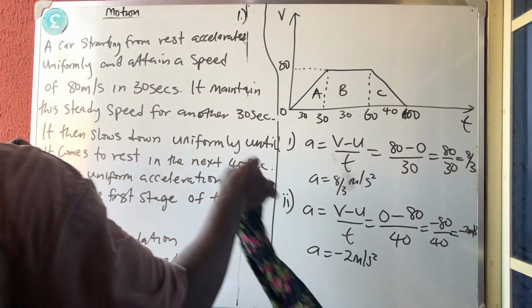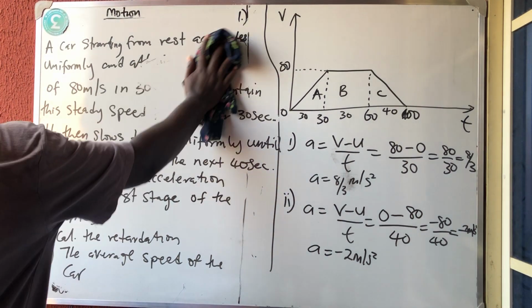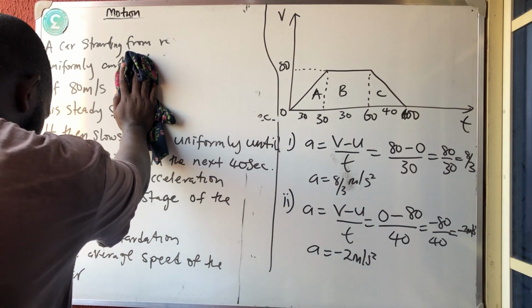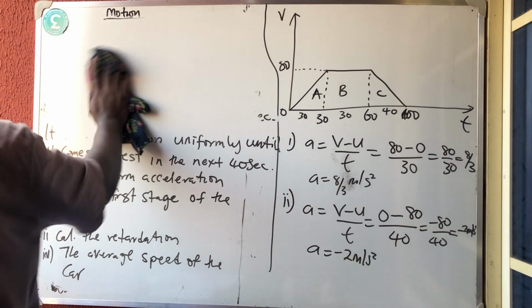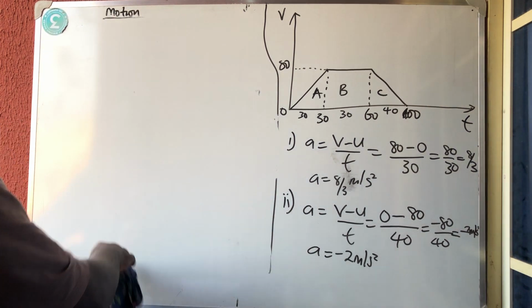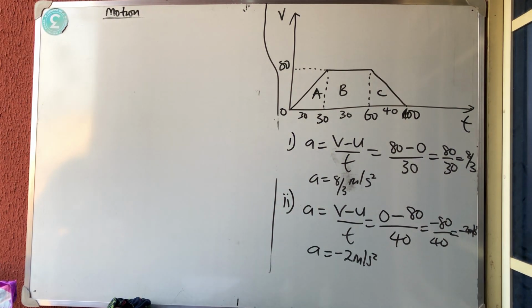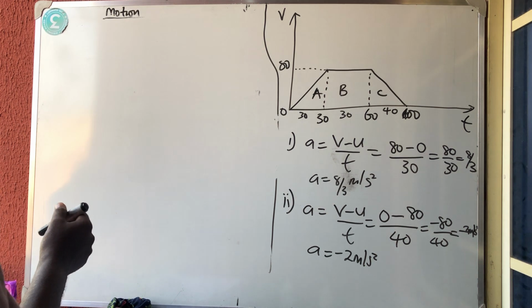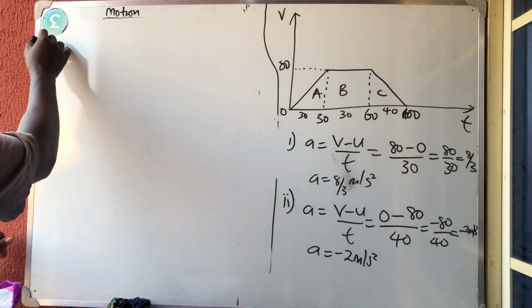Okay, so the next thing we are going to calculate is what? Average speed. And I told you that average speed is simply the total distance over the total time. As simple as that. So how do we get the total distance?